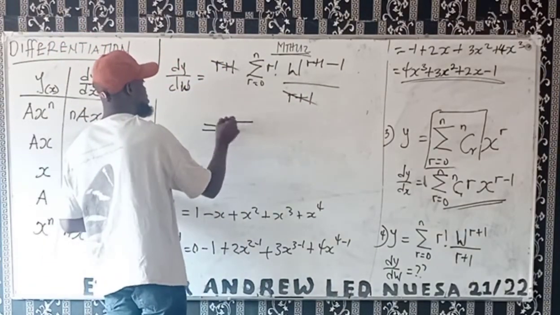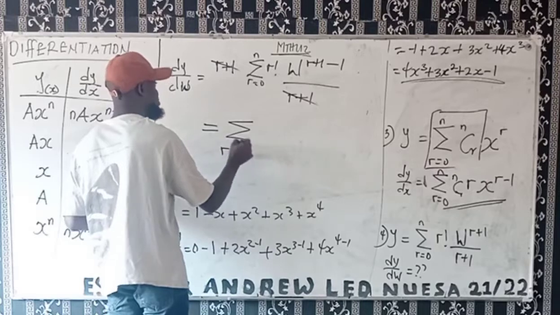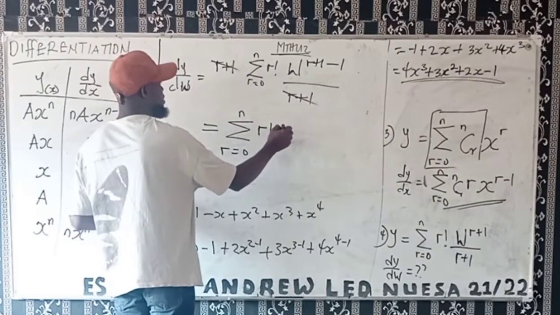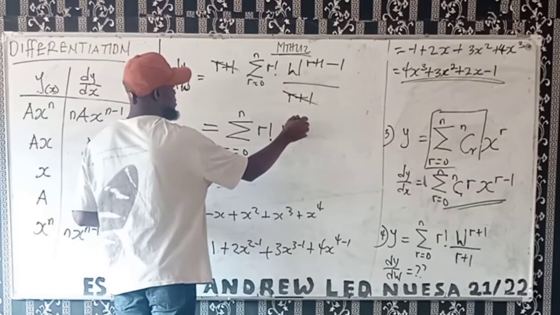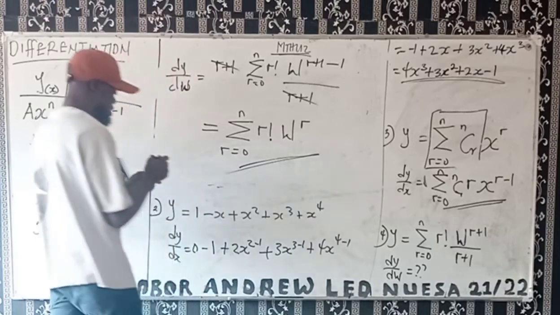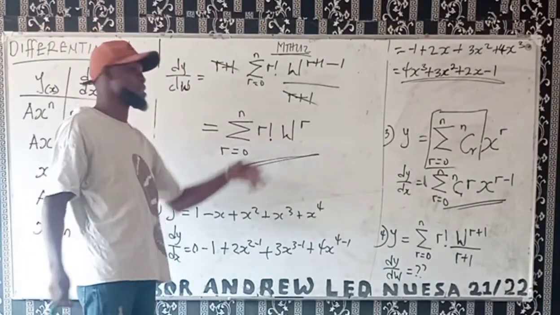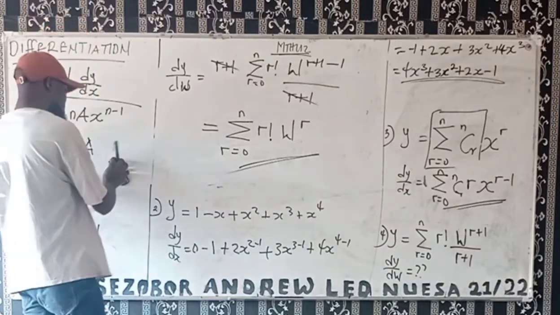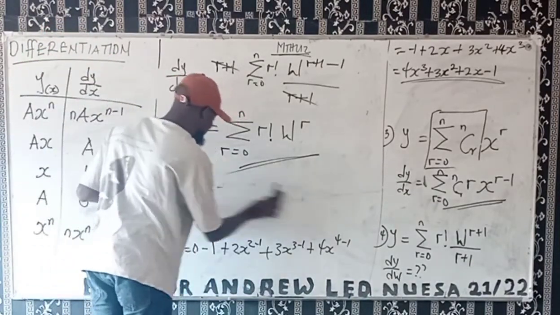So that gives us the summation, arrow starting from 0 to n of arrow factorial over w to the r. This minus this will be 0. So this will be the final answer. This we cancel. You see, this one is even shorter than the question. So that's how we roll in this place.